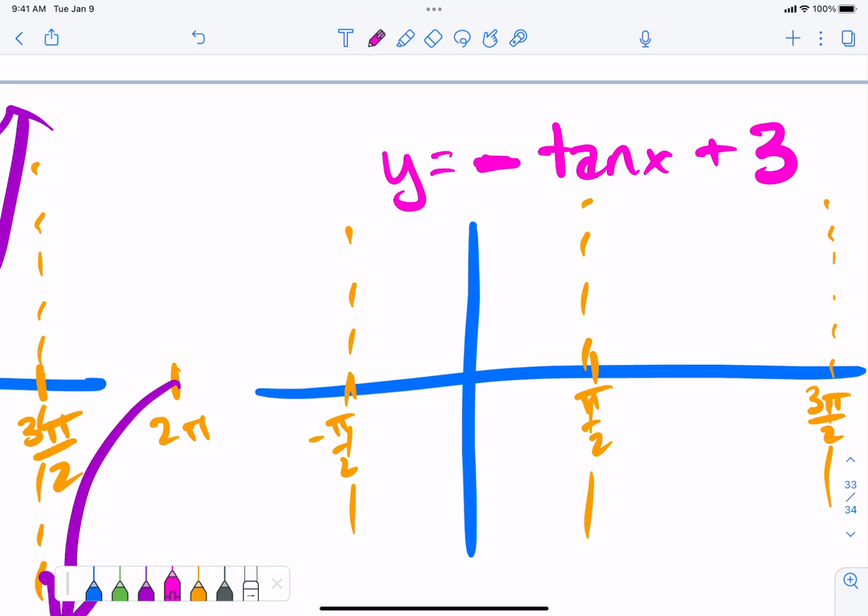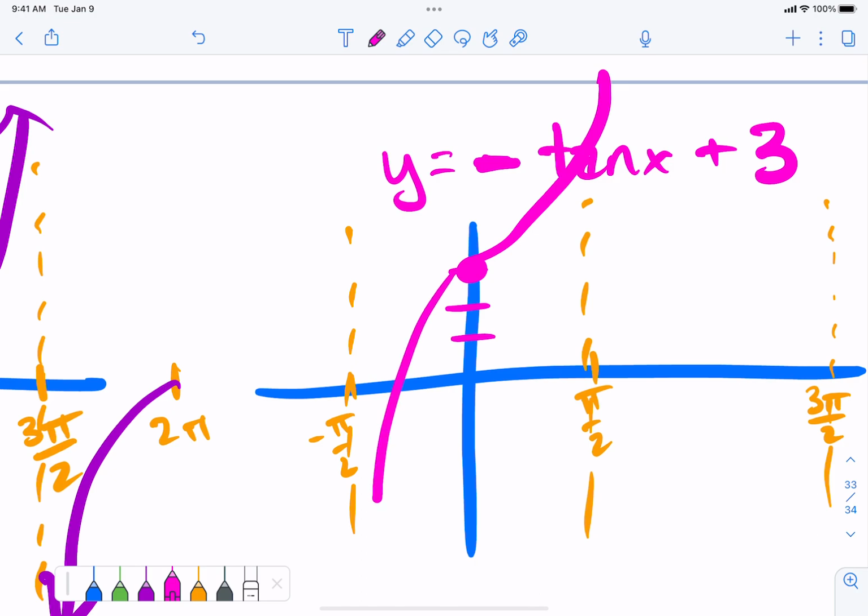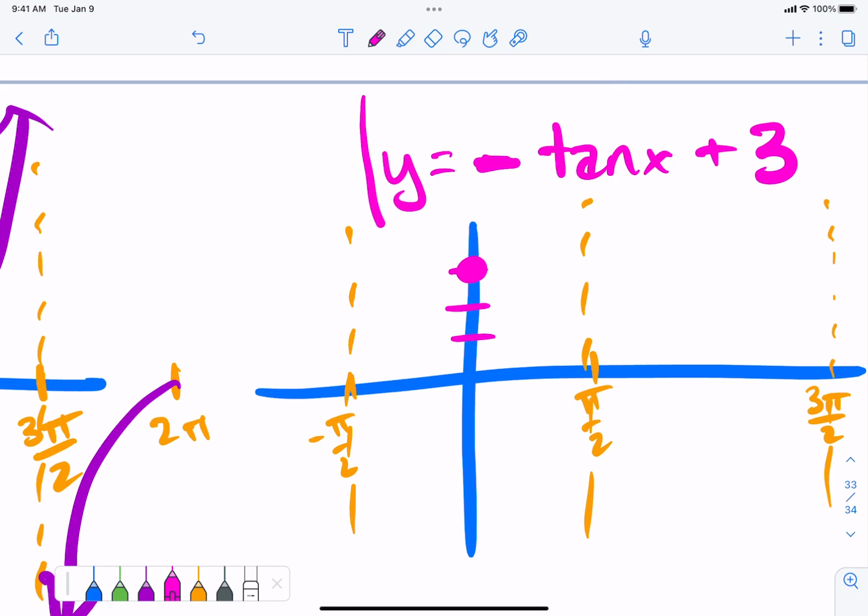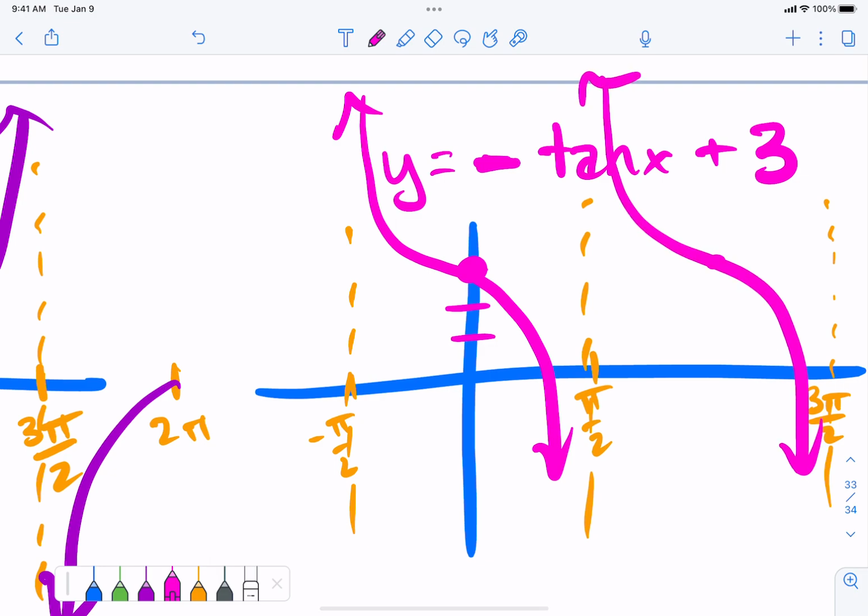It's up at 3: 1, 2, 3. There we go. Did you do it wrong, Chase? That's what it should look like, yeah? How's that look? Up 3, going down. On a scale of 1 to 10, how would you rate this?